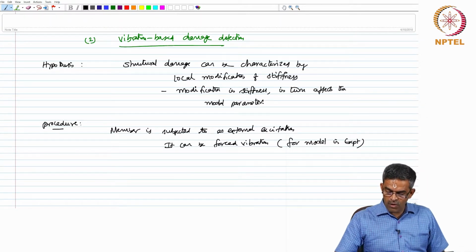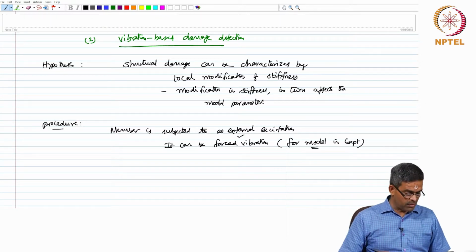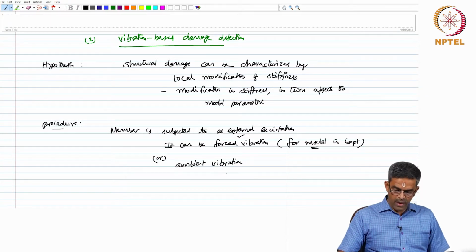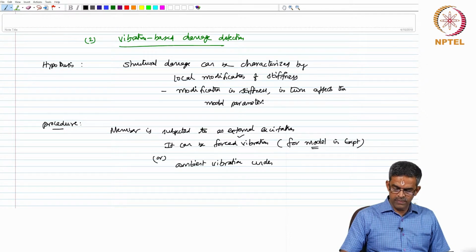Of course, for model scale one can create a forced vibration, or alternatively it can be an ambient vibration under the natural loading cases.